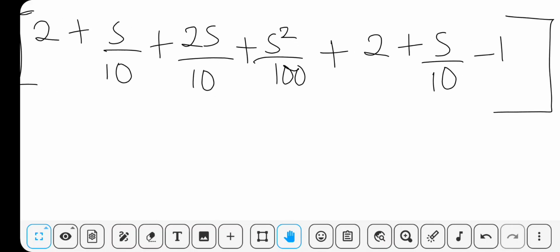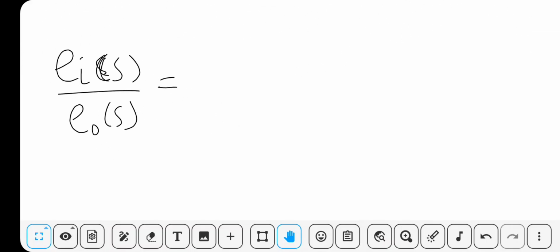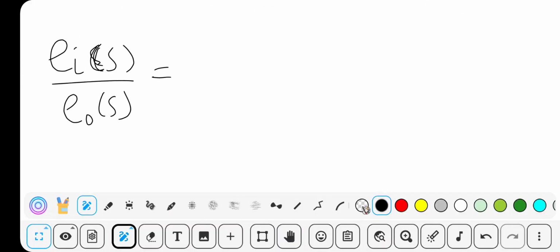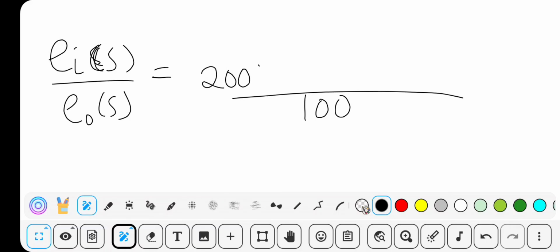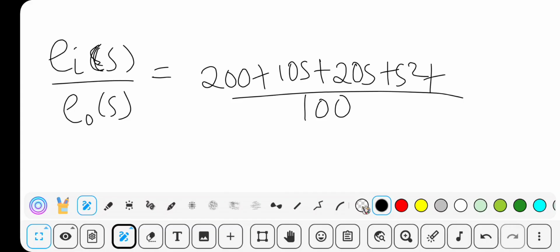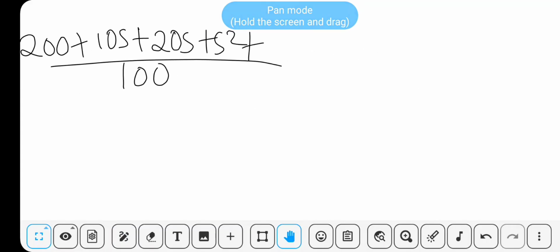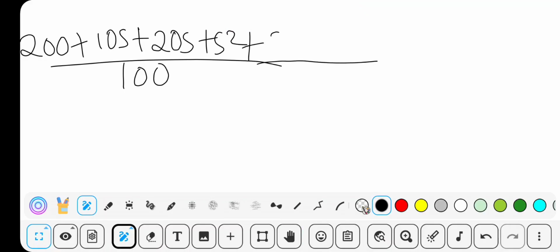Now on the right hand side we can add. When you get the LCM 100, you can add everything. Adding everything, you have 200 plus 10s plus 20s plus s squared plus 200 plus 200 plus 10s minus 100.